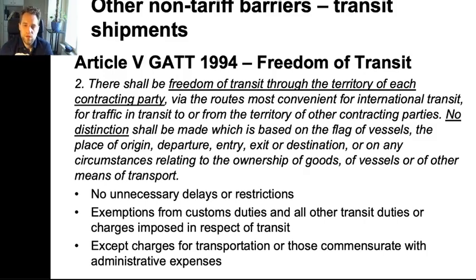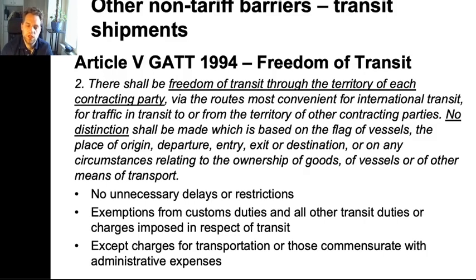Another measure or impediment to trade is so-called transit shipments, and Article 5 of the GATT includes a general notion that there is freedom of transit through the territory of each GATT member, and there shall be no distinction on the basis of the flag of the vessels, the place of origin of a product, the place of departure, where it has entered the market, where it is exiting the market, the final destination of a product, or, and this is a catch-all phrase, any circumstances relating to the ownership of goods, of vessels, or of other means of transport.